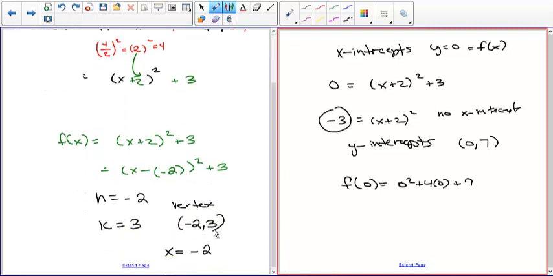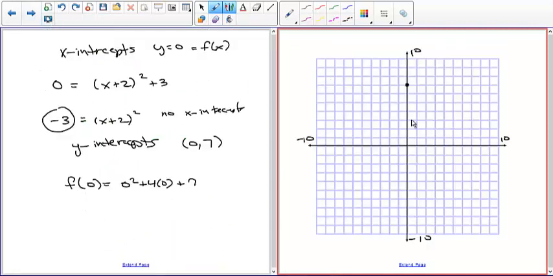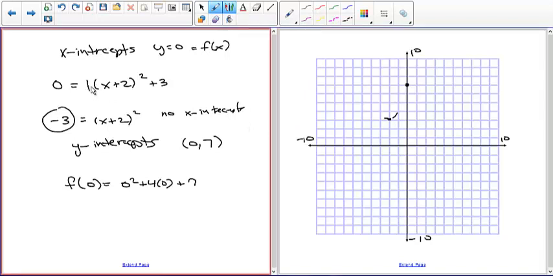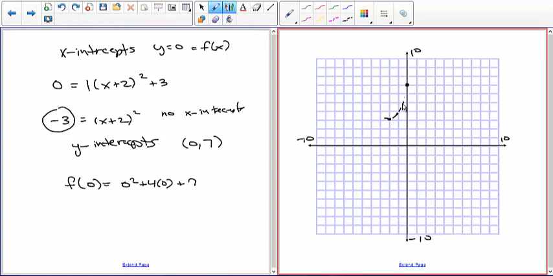So plot that. So there it is. And a is 1, so it's positive. It means it's going to go up. So you can see that there's no way it could have x-intercepts.